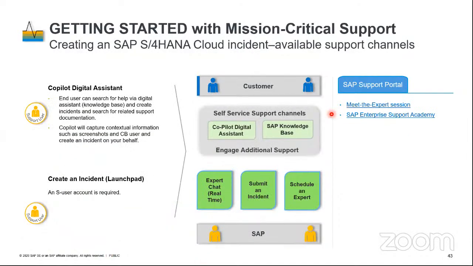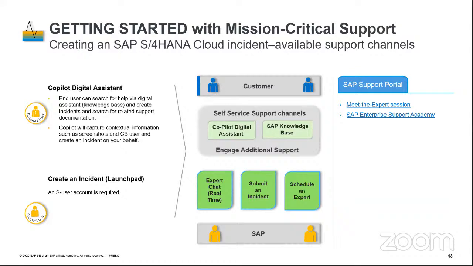In addition to the SAP One Support Launchpad, you can create an SAP S4HANA incident for SAP S4HANA Cloud over SAP Copilot. This is your digital assistant for SAP Enterprise Support. You can generate a new incident by talking or typing with the Copilot, which you can use on your mobile device or through an external channel or any platform.